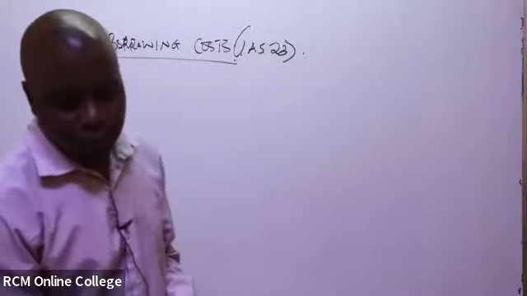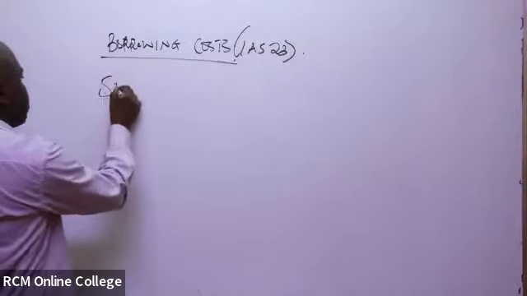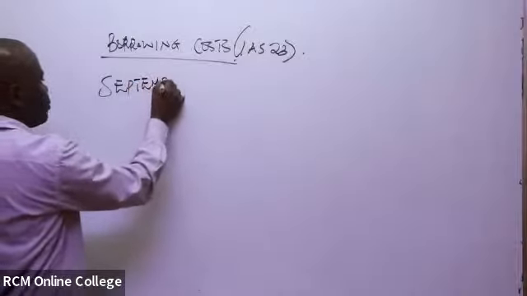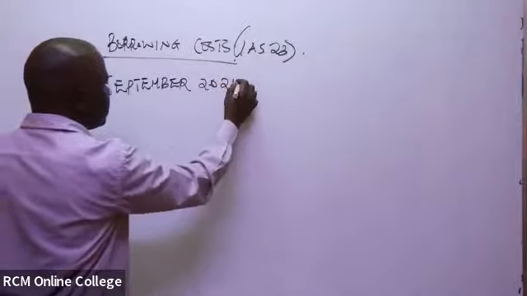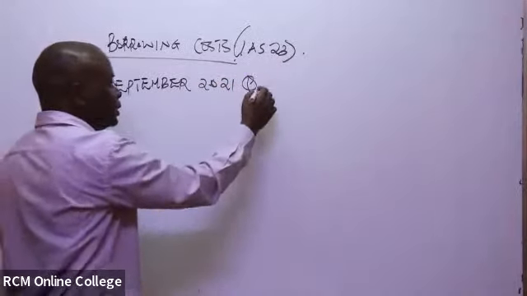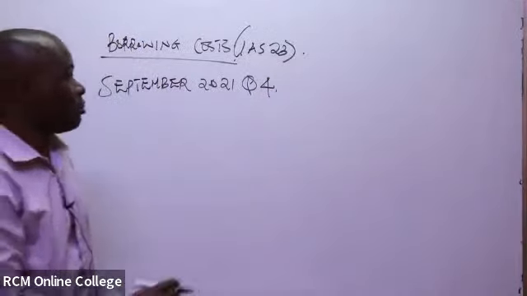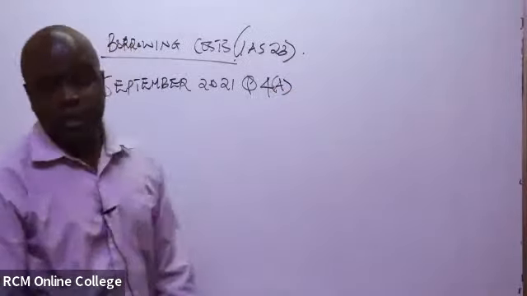Because in this case, I told you to try to attempt it. So it is September 2021. You can open this question, question number 4A. I've sent the past paper in the group.